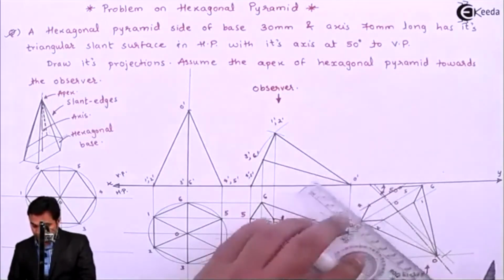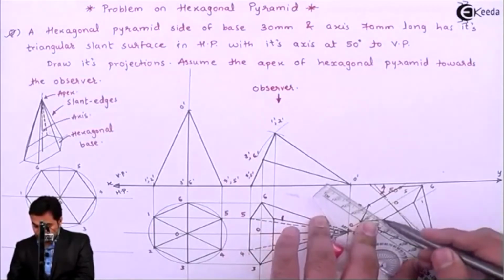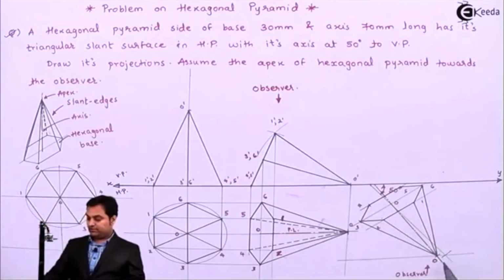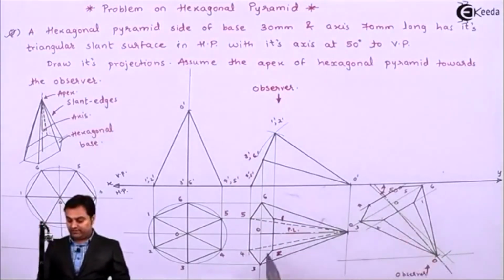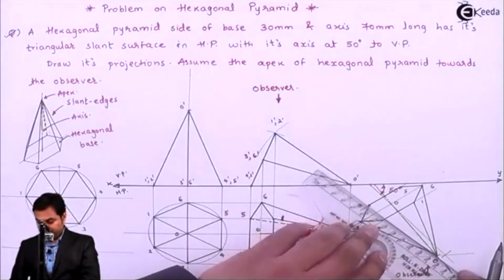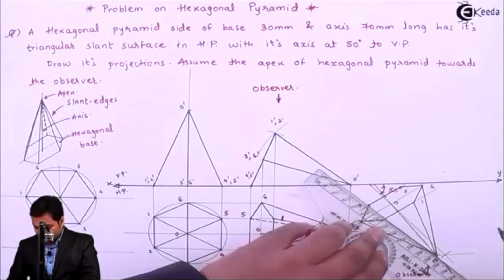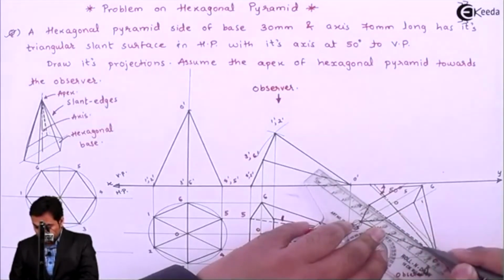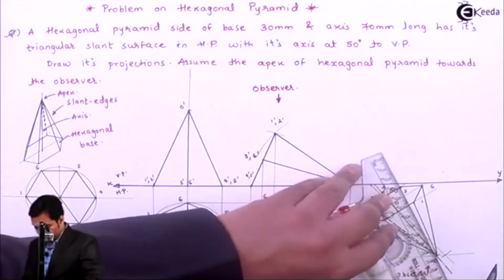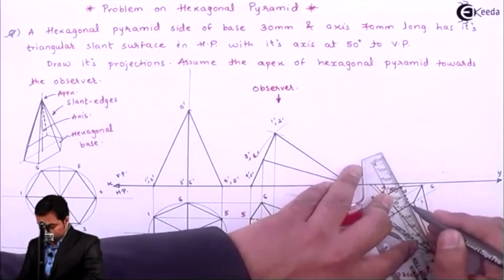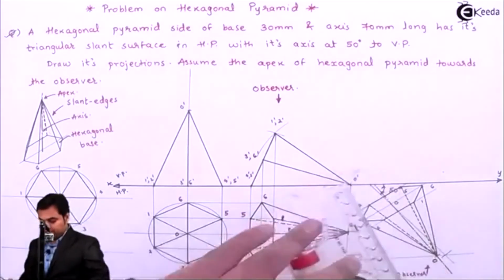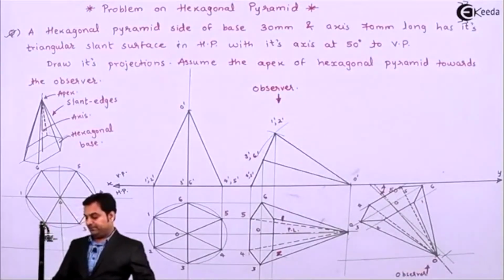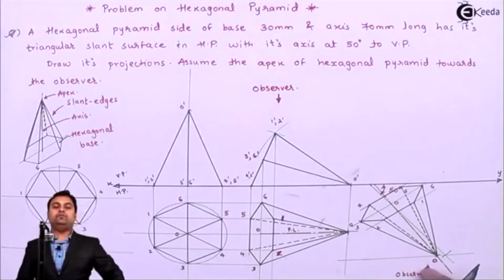Next, connecting O to 4 with the help of a hidden line, because that edge was not visible in the top view. So this is the tilted pyramid where the apex is closer to the observer.